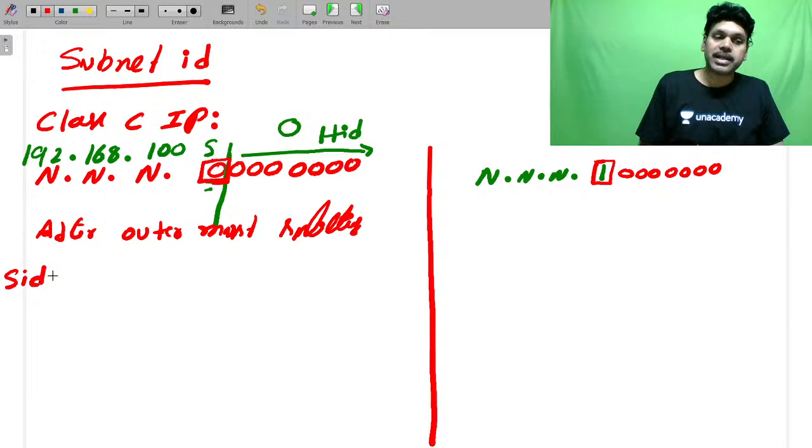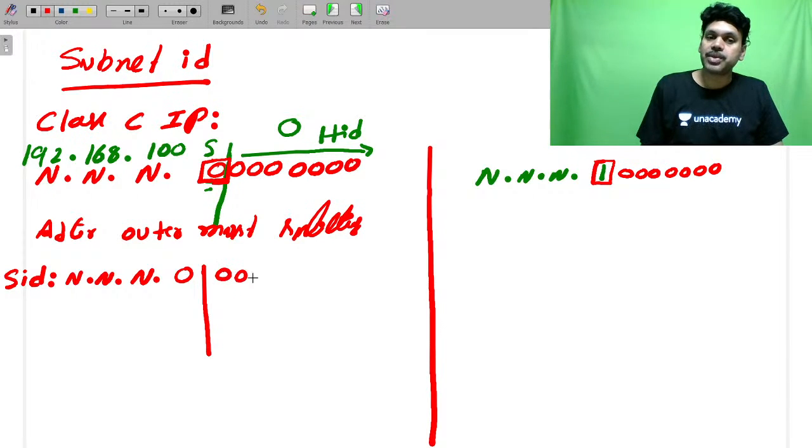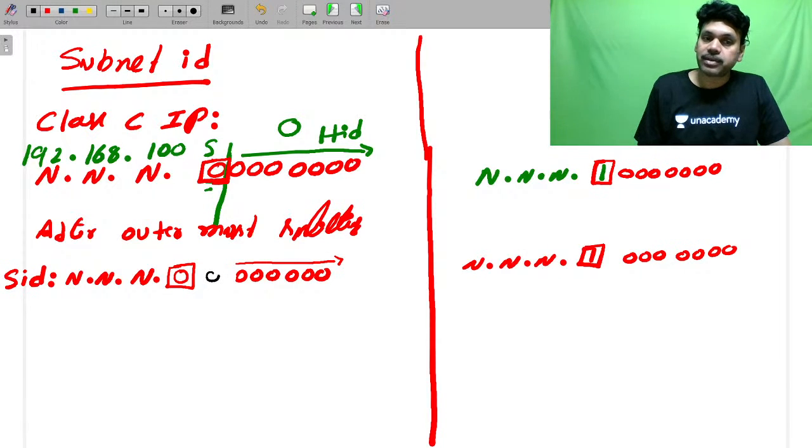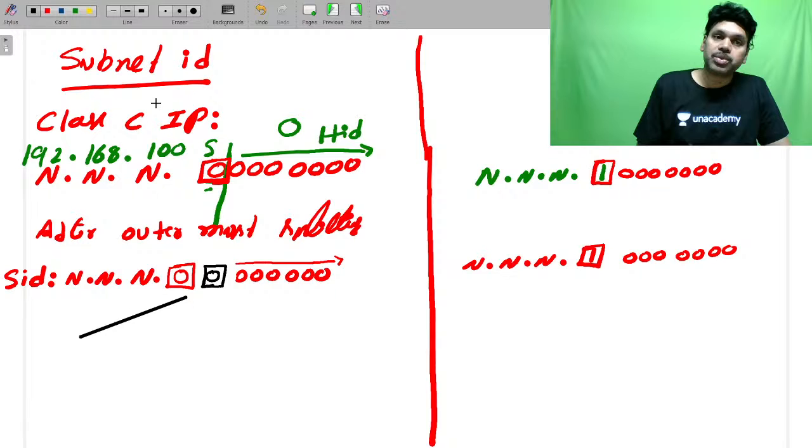Your subnet ID is n dot 0. This is subnetted 1, 2, 3, 4, 5, 6, 7. And this side also triple N. This is for inner. Then you got 2 groups. One group is n dot outer, inner 0 and 6 HIDs.